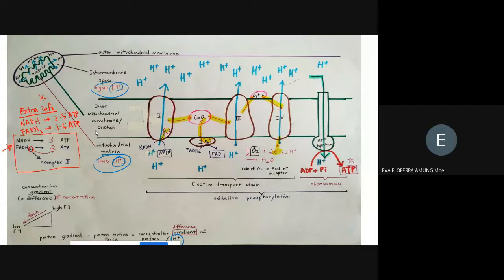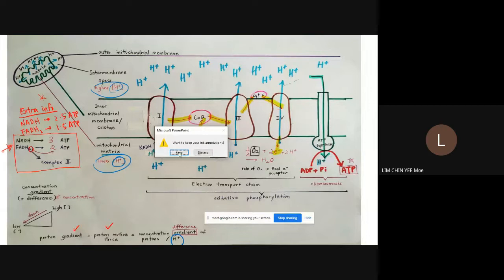No, Miss. Alright, so make sure you tahu maksud proton gradient sama dengan proton motive force. Sama je maksud concentration difference. Okay, good. Alright, so tu je pasal aerobic respiration.